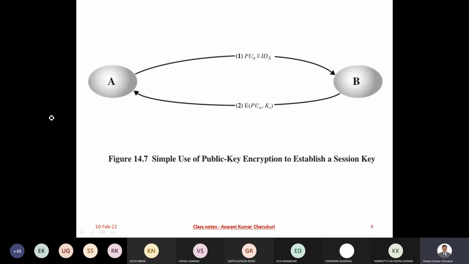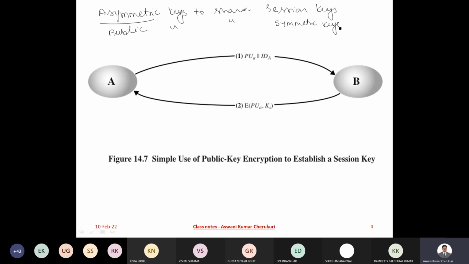So how do I use asymmetric keys, that is, the public key, to share session keys or symmetric keys? How can I use this?